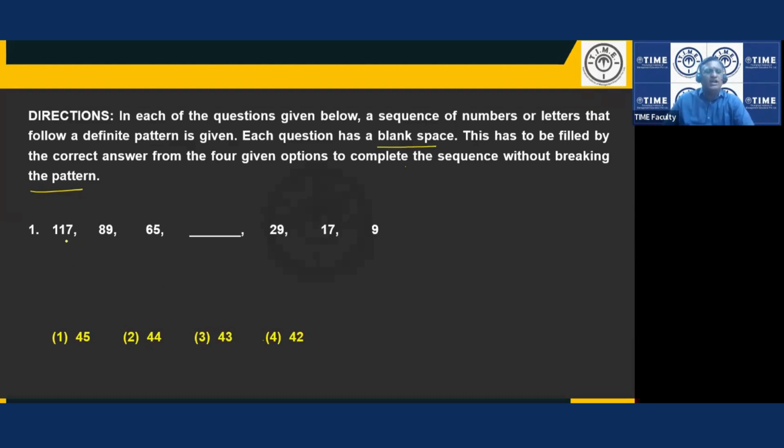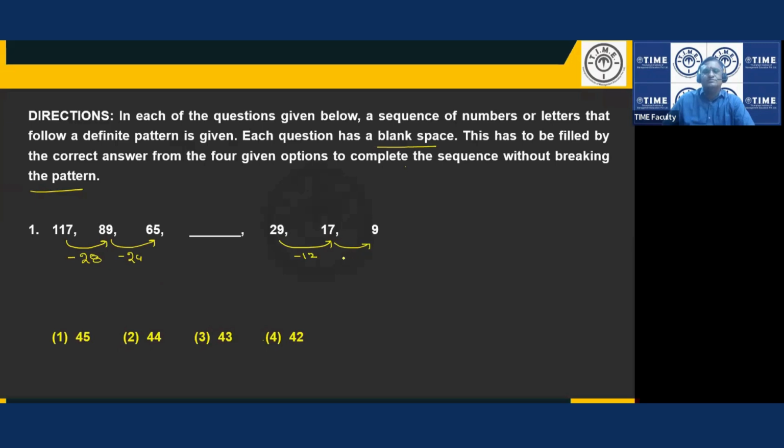117 to 89, it is reducing by how much? 28. 89 to 65, how much is it? 24. After 65 I don't know how much it reduces, just keep it. 29 to 17 is reducing by minus 12.